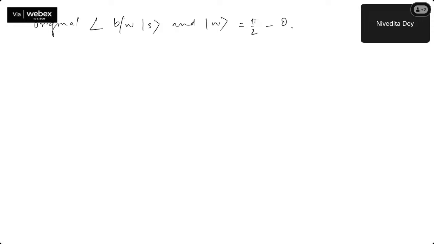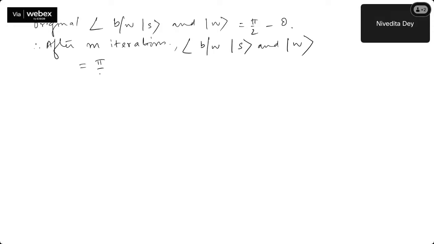And after m iterations, what will be the state of it? So after m iterations, the angle between your S and W will be something like pi by 2 minus, this will become your 2m theta plus theta.